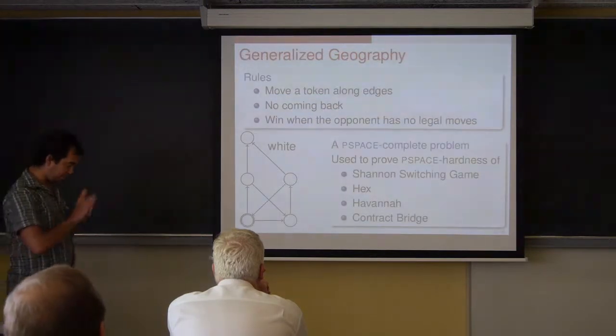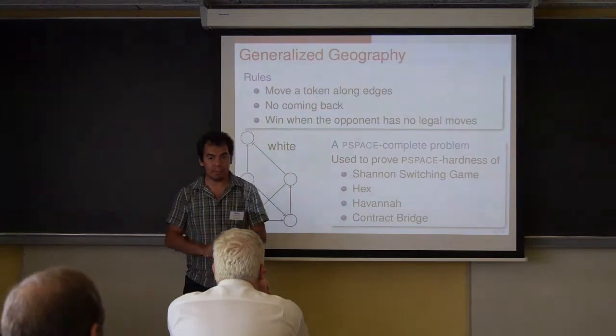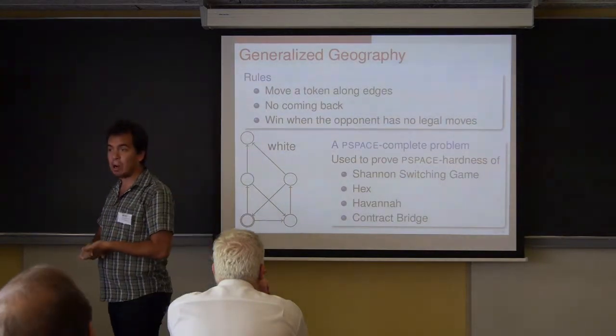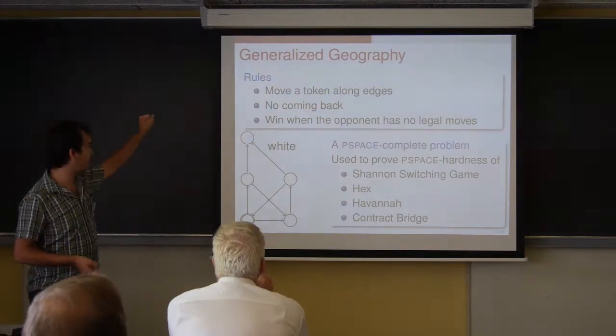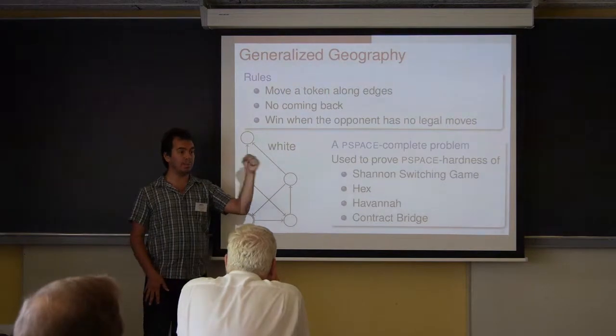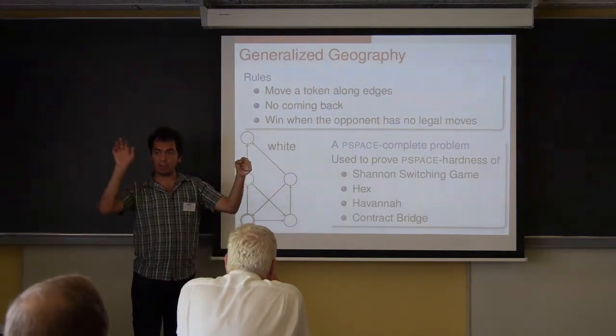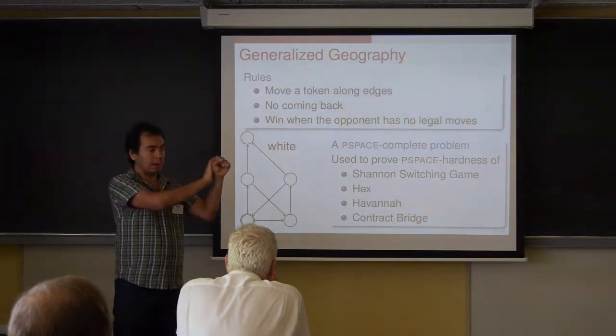So how do most of the PSPACE-hardness proofs in game complexity go? Well, they use the game of generalized geography. In computational complexity, you have a problem that you know to be hard, and you have another problem that you want to show to be hard, and you show that it's harder than the one that you know to be hard.